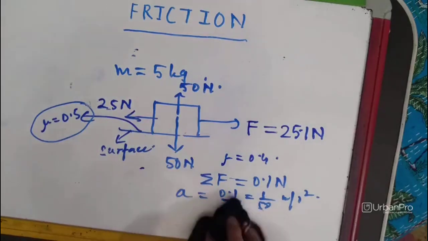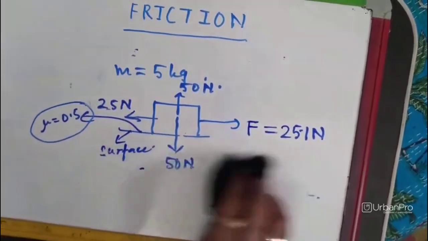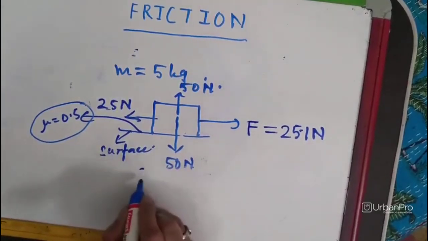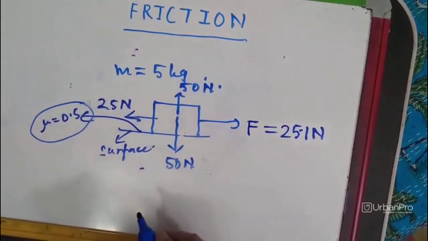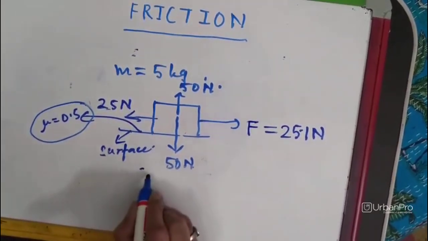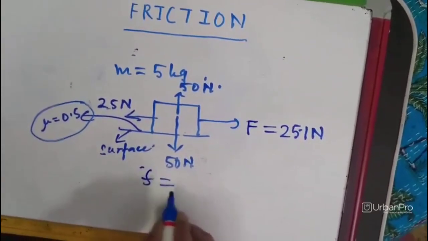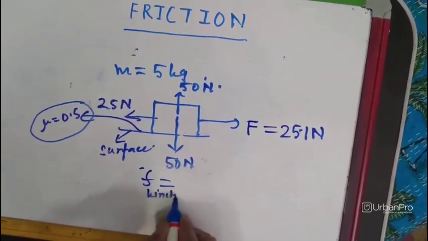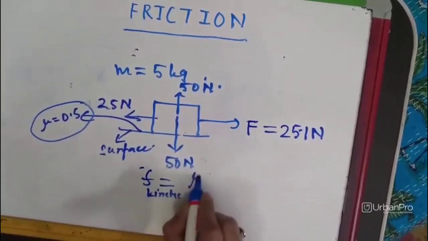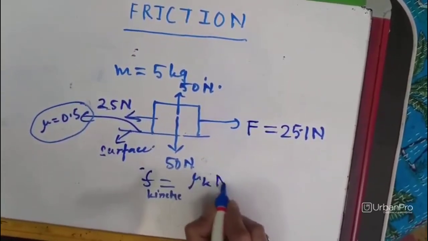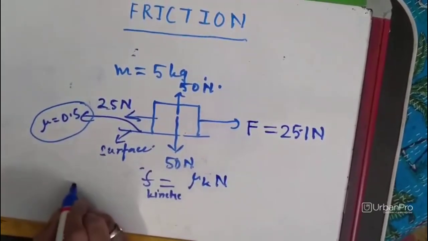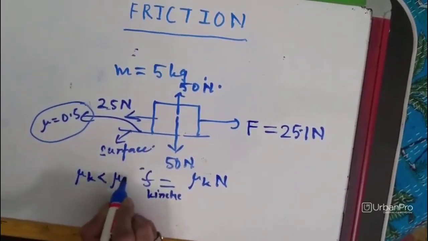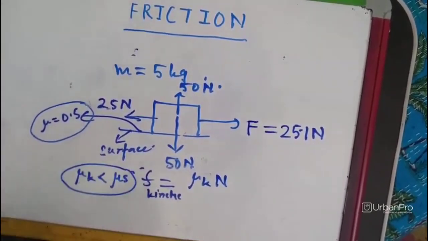So what happens is that since the body is in motion, the friction force that's going to act, friction force kinetic, because the body is in motion, is mu k into N. And remember, students, mu k is always less than mu s.